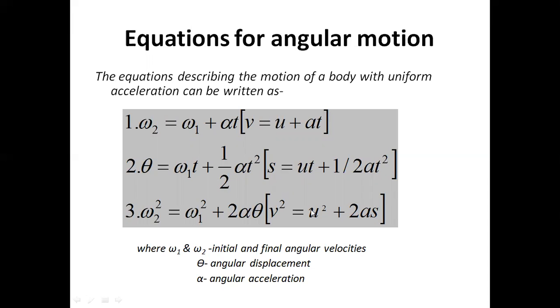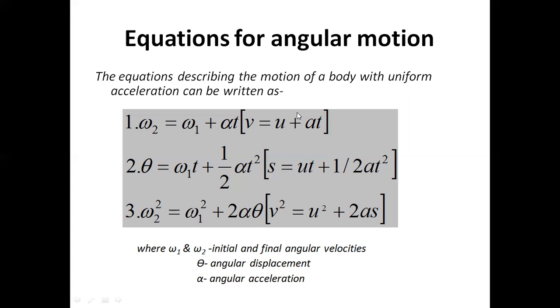Now we shall write the same equations for angular motion. Here v is the final velocity, u is the initial velocity and a is the linear acceleration. Angular velocity we denote by omega. For final angular velocity, let us consider omega 2 and initial angular velocity as omega 1.